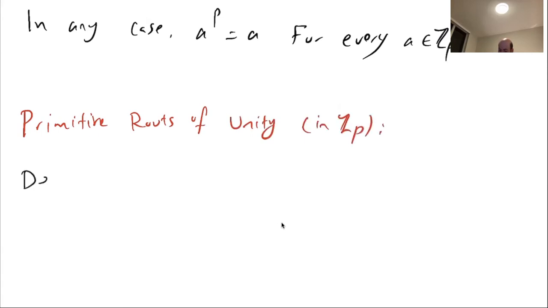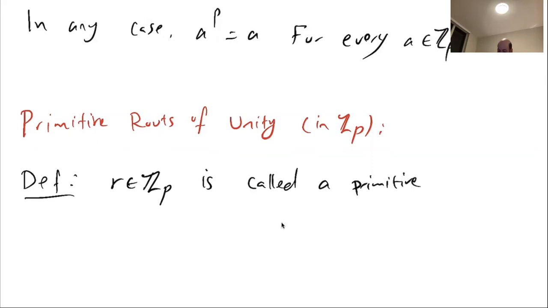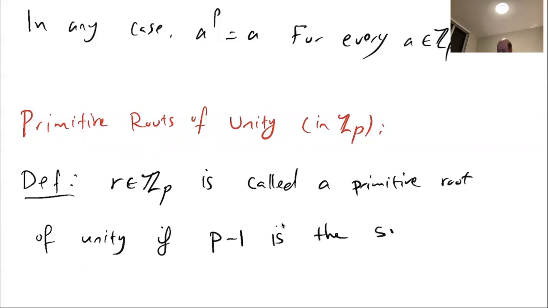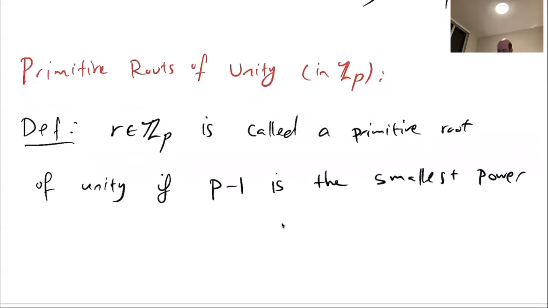So definition, r in ZP is called a primitive root of unity if p minus 1 is the smallest power such that r to power p minus 1 equals 1 in ZP.